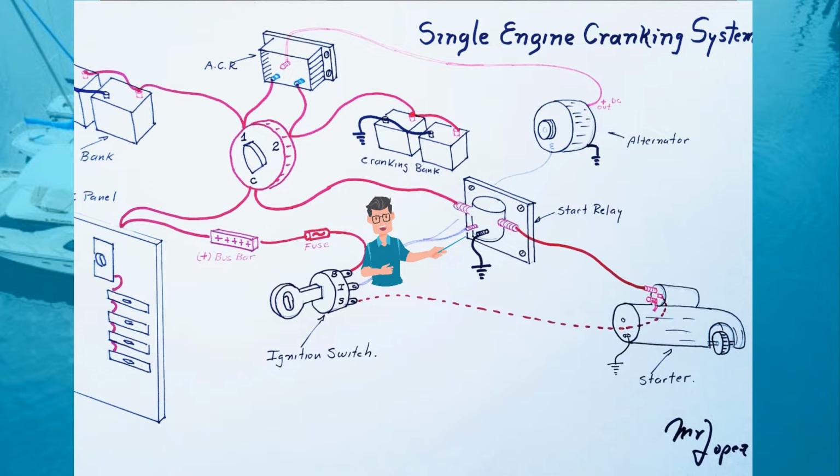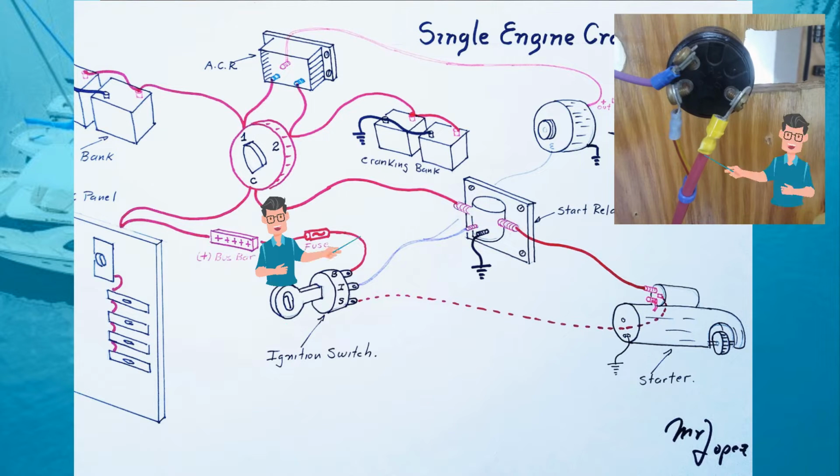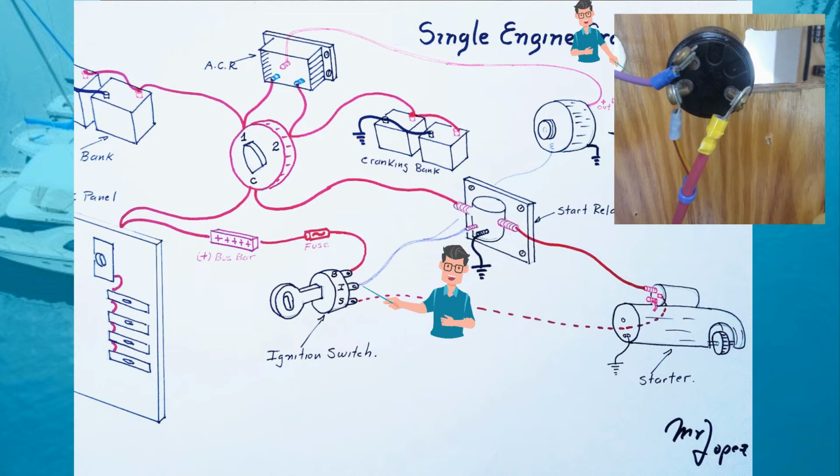The ignition switch, remember, has one input, which is the power coming from the battery, from the positive bus bar, and two outputs. One output is the ignition position, and the other output is the start position. In ignition position, when you select ignition in your car, the first position, ignition, is a permanent position.